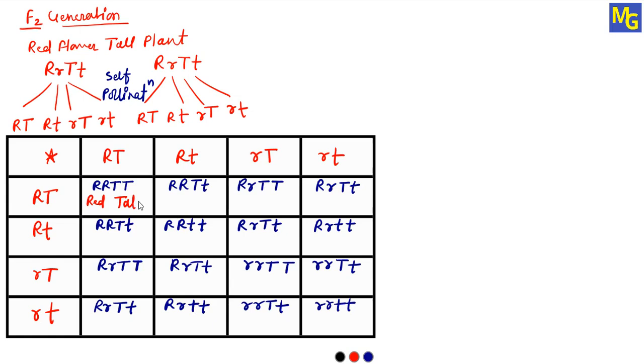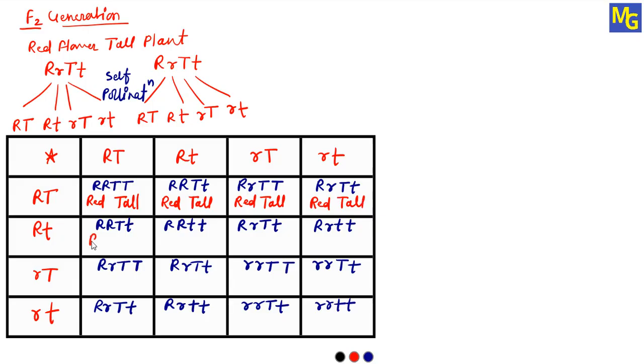See here, like this we have to complete. Here also it is red, tall. Next also it is red, tall. Wherever you see R capital, it is red. If T capital, it is tall. So this is also red, tall. So see, like this you have to complete. First one is homozygous, remaining all are heterozygous, but still they are red, tall.